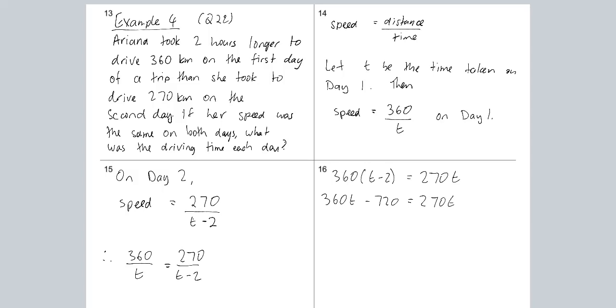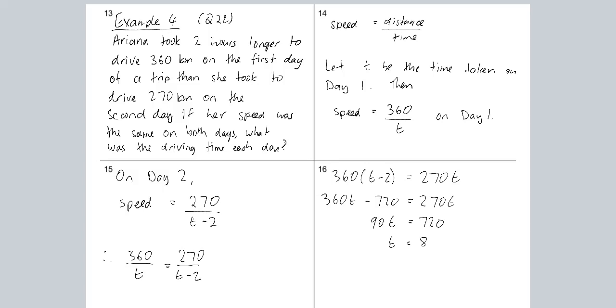I'm going to take 270t from both sides, and that'll leave me with 90t. And I'm going to add 720 to both sides, and that'll give me 720 on the right. And I reckon I can do that in my head because I know that 9 eighths are 72. I feel like this is giving me a really small answer though.